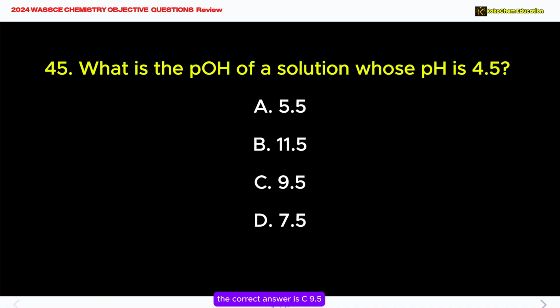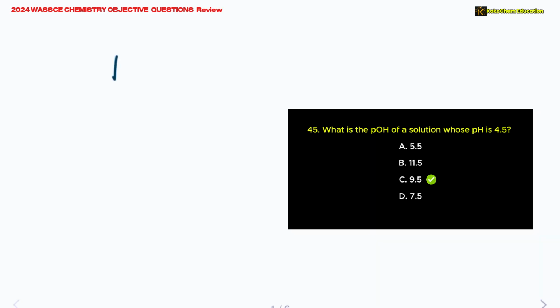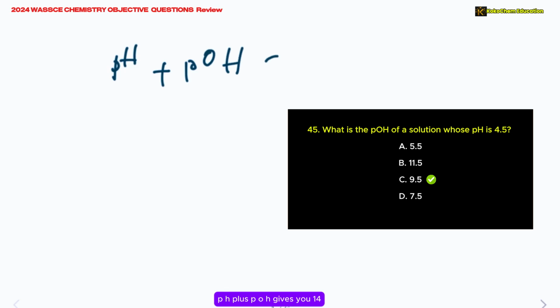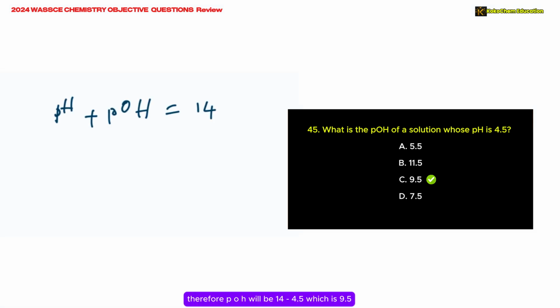The correct answer is C. 9.5. Explanation: pH plus pOH gives you 14. Therefore, pOH will be 14 minus 4.5, which is 9.5.